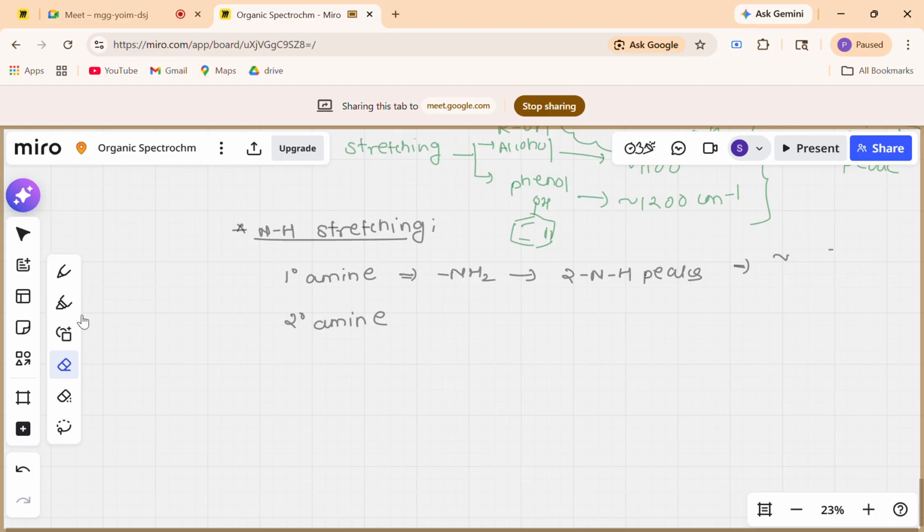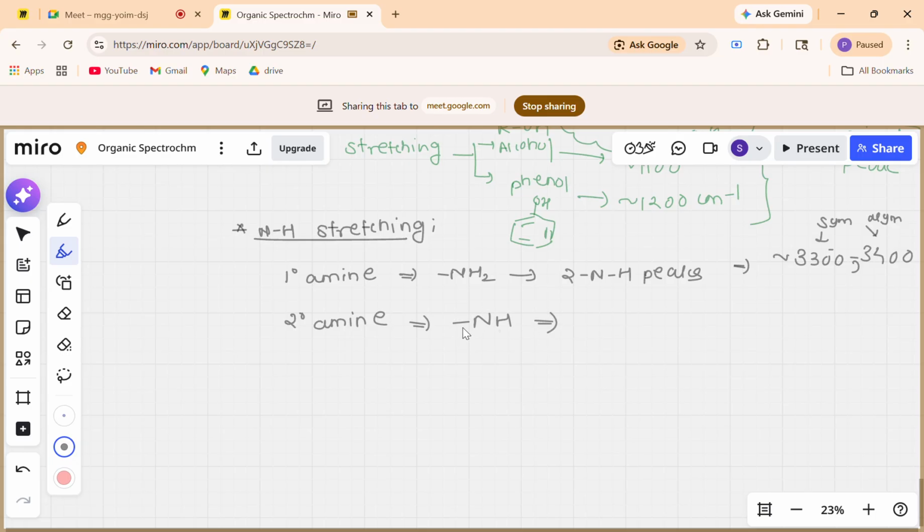Oh sorry, that is the C double bond NH2 peak, that is the nitro peak, sorry, I'm confused between the values. So NH2 peaks will be broader, and will come in the region of 3300 to 3400. This is basically your symmetric stretching and asymmetric stretching peaks.